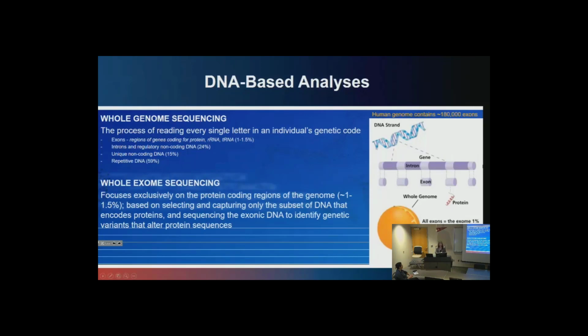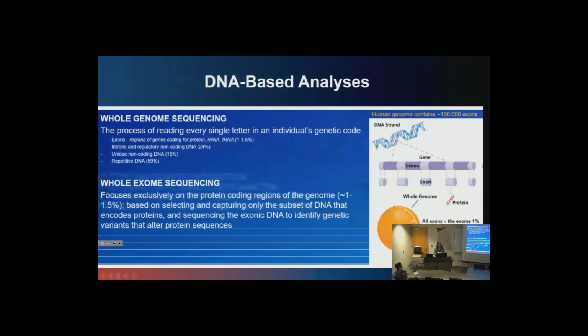So, whole exome sequencing focuses exclusively on the protein coding regions of the genome. That's about 1 to 1.5% of the whole genome. So it is based on selecting and capturing only the subset of the DNA that encodes for proteins, and sequencing the exonic DNA to identify genetic variants that alter protein sequences.